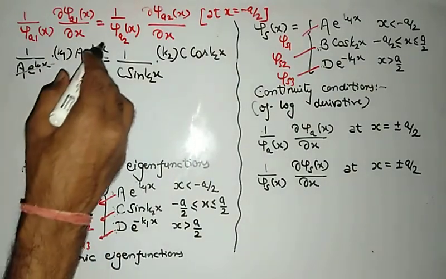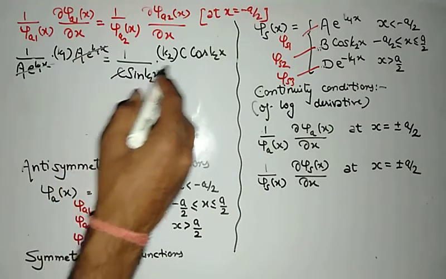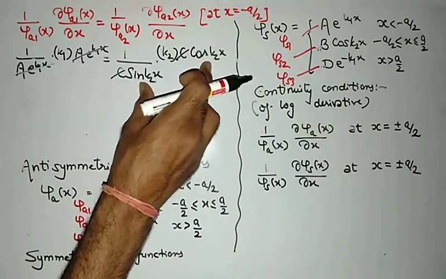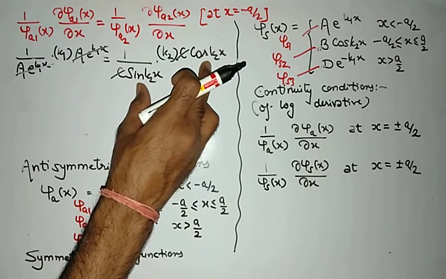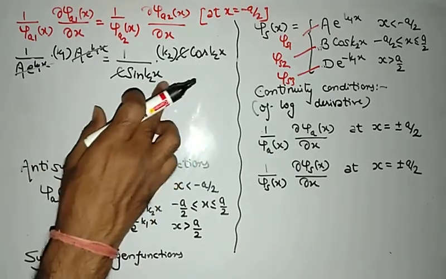So this will cancel out, and this will become cot. This is at x is equal to a by 2.